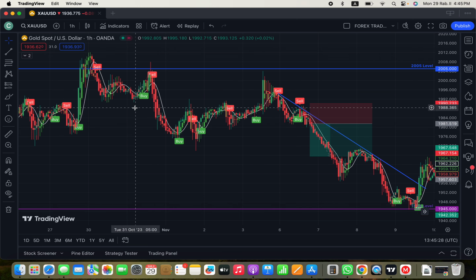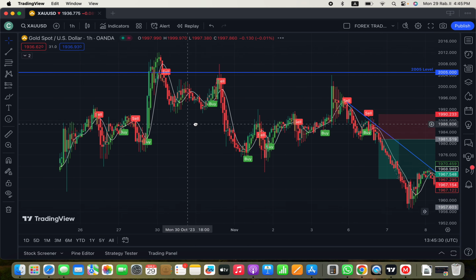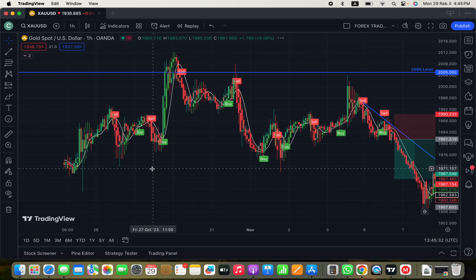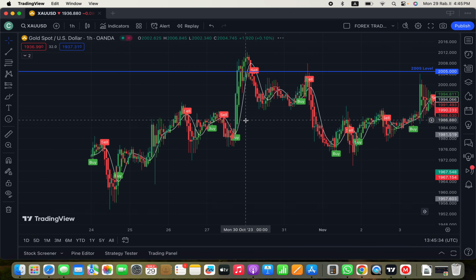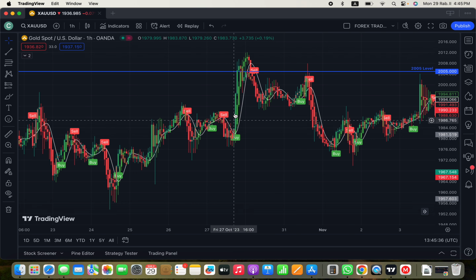So let's go and take another example for a buy. Let's use this market for example. It's triggered a buy. You are not entering this buy except when this candle closes.